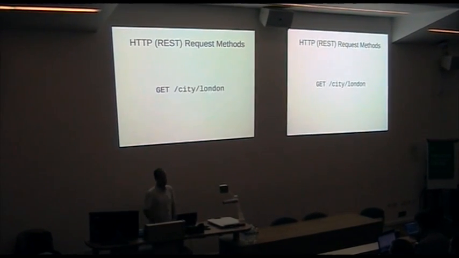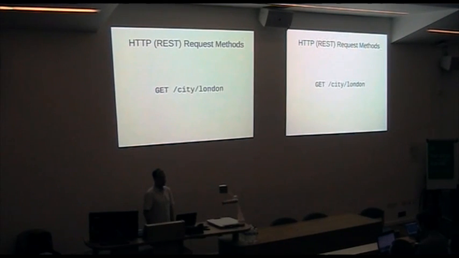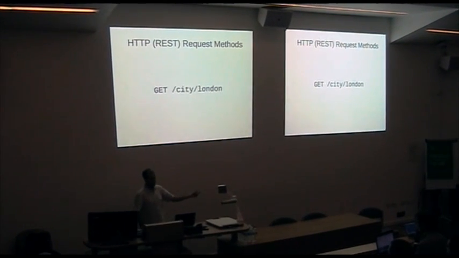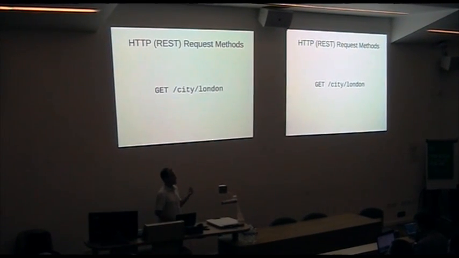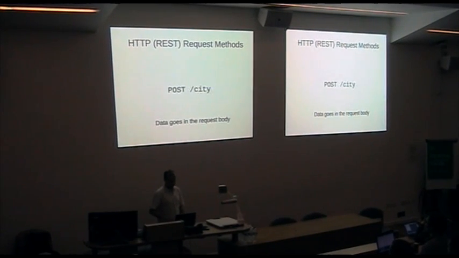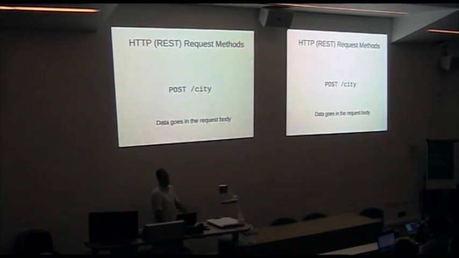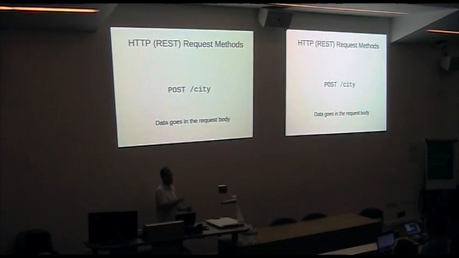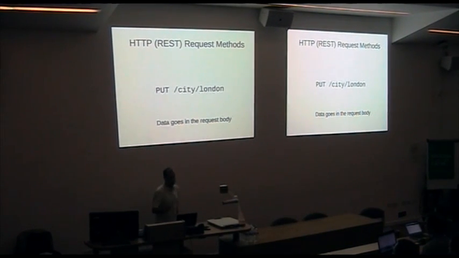So here's an example of a relative URL. You might want to get a city that's London. So let's imagine we've got a web service which is all about cities in the world. That would fetch you the information about London. You might want to add a new city to your database, and post is the verb for creating a new thing. And in this case, you put your data in the request body. Put allows you to update an existing resource.